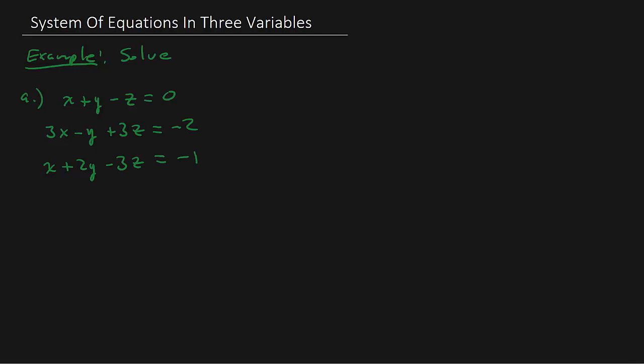So it's going to be similar to the previous lesson with two equations, two unknowns. What we want to do to solve these is take the first equation, x plus y minus z equals 0, and pair it with the second one.